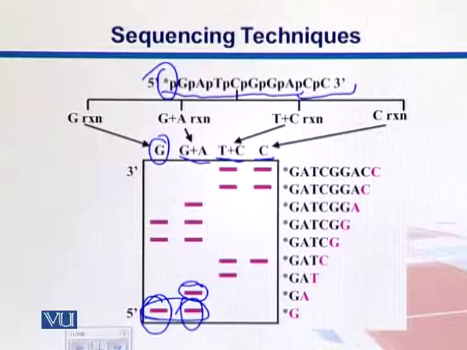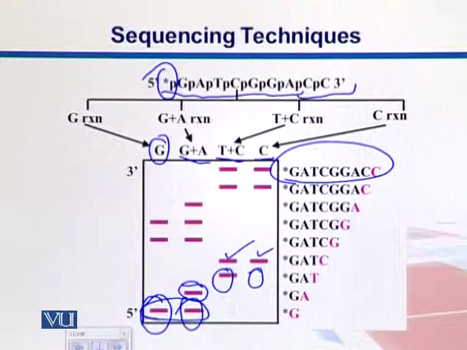So here for example in the T and C reaction we see only one band, so it's not there in C but it's there in T plus C, so for sure it's T there. Here again we see two bands, one in T plus C and one in C, so we can say that for sure it's C. In the same way we can do it for the others, and in the end we can have the whole sequence captured.